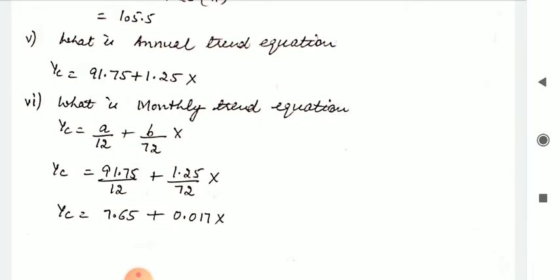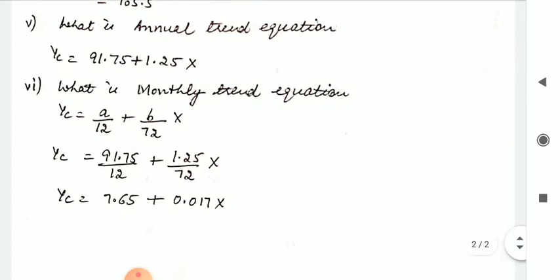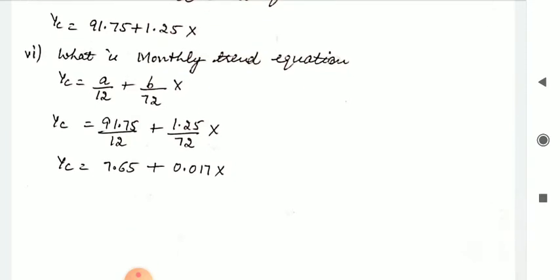Next you may be required to find what is annual trend equation. So it is the same as the trend equation that we have already made. Next, last is what is the monthly trend equation. For finding the monthly trend equation in case of even number of years, YC is equal to A divided by 12 plus B divided by 72 into X. So putting the values, YC is equal to 91.75 over 12 plus 1.25 over 72x, or final answer is YC is equal to 7.65 plus 0.017x.